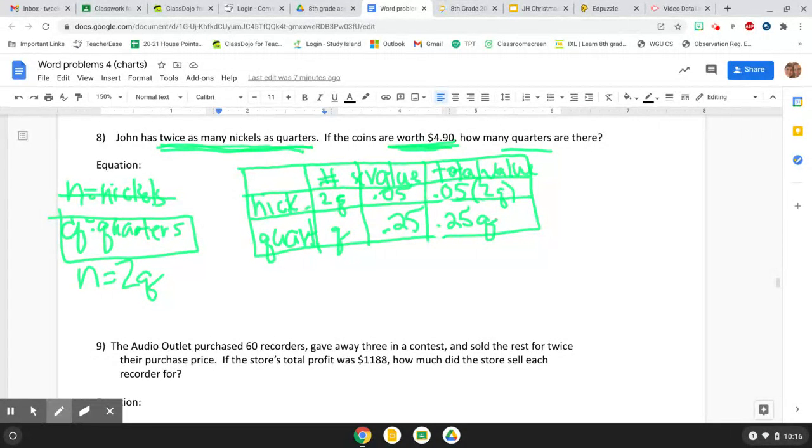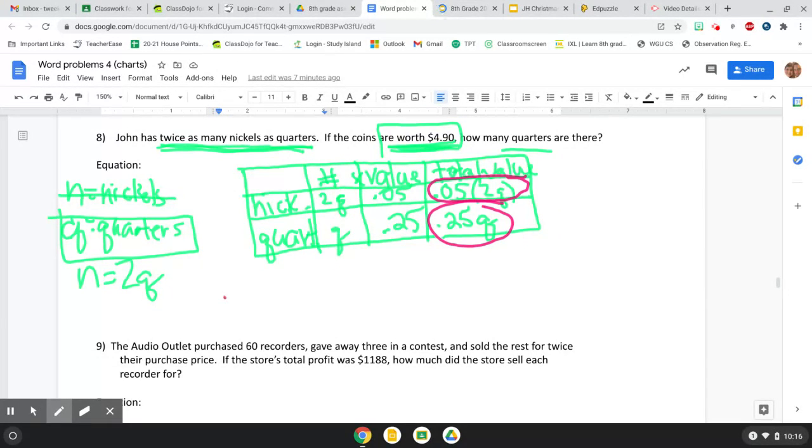My chart is all filled in. I have the information that I need. The only thing I haven't really mentioned yet was this worth of 490. That would be like the total value, because this is how much it's worth, right? So the total value of the nickels and the total value of the quarters would make up that 490.